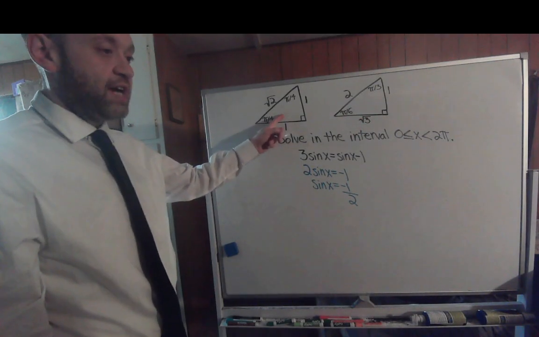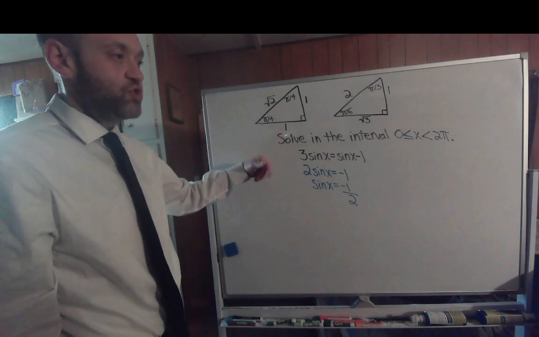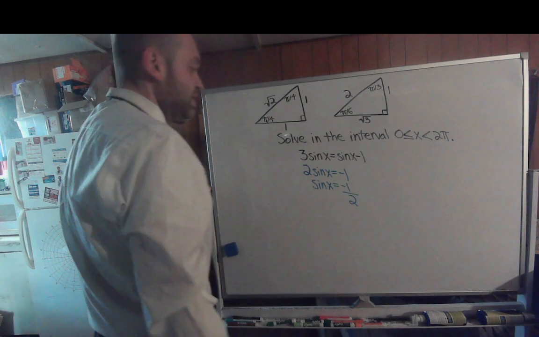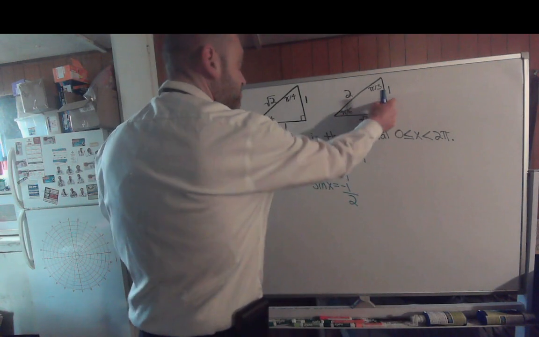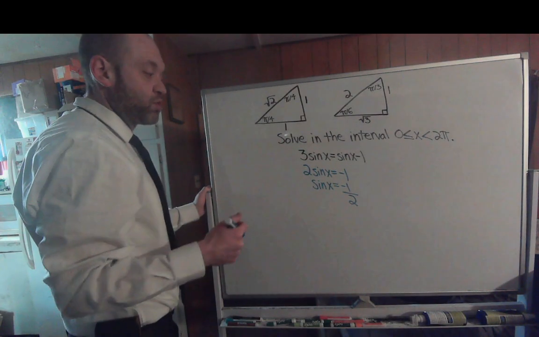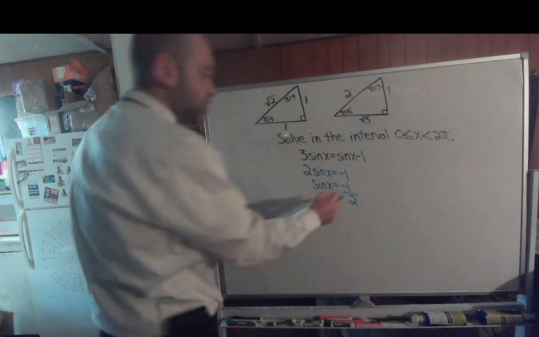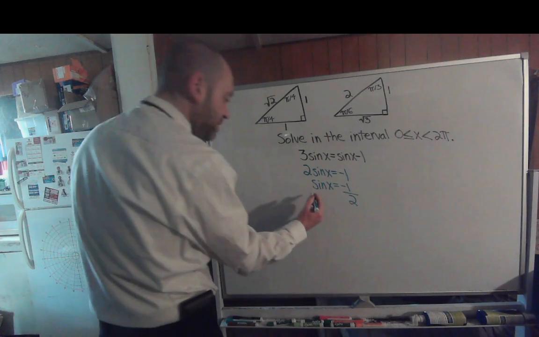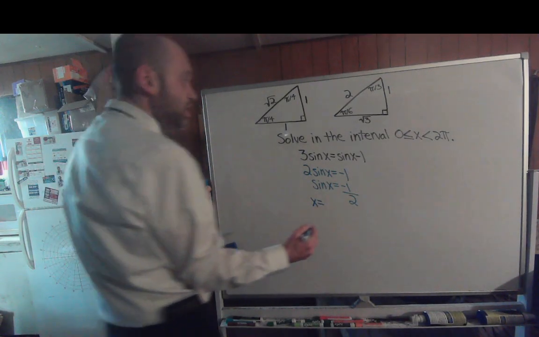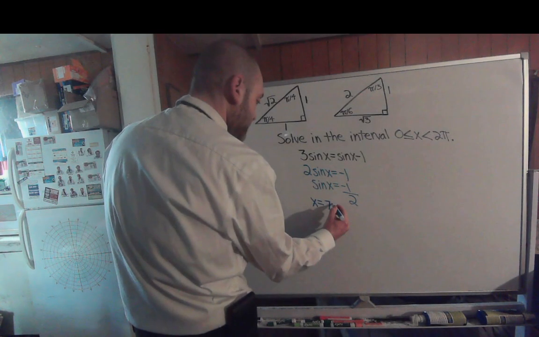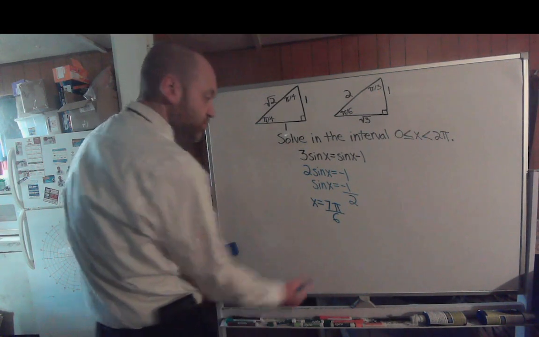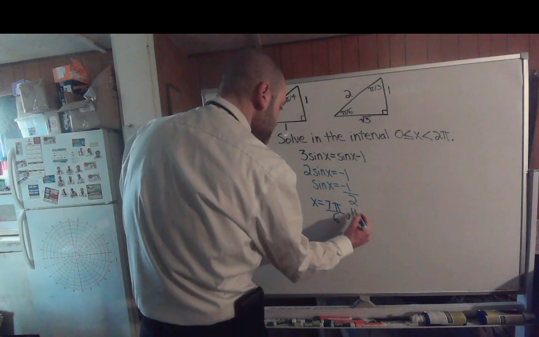And then next to it I have a 45, 45, 90 triangle in radians instead of degrees. But notice that the sine of pi over 6 is 1/2. Well, in the third quadrant and in the fourth quadrant, you would get negative 1/2. So that would have to mean that x would have to equal 7 pi over 6. And then in the fourth quadrant, you would get 11 pi over 6.